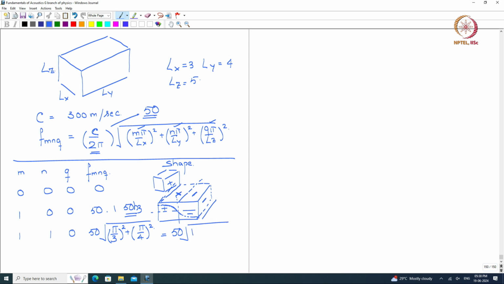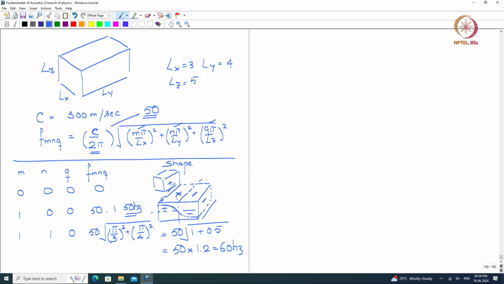Pi by 4 I will take as 0.7, 0.7 squared is 0.49, so 0.5, and root of 1.5 I will take as 1.2 because it is 1.44. So this is equal to 50 into 1.2, which is about 60 hertz, let us say.